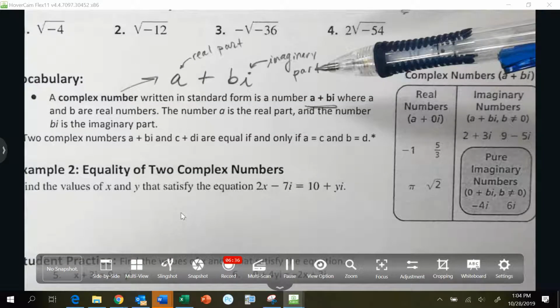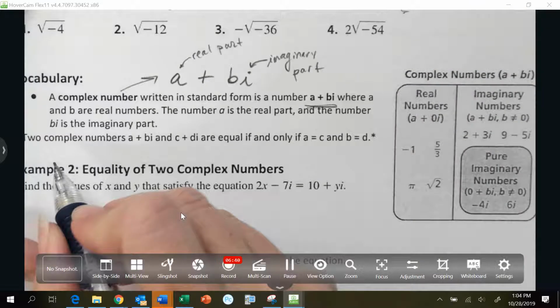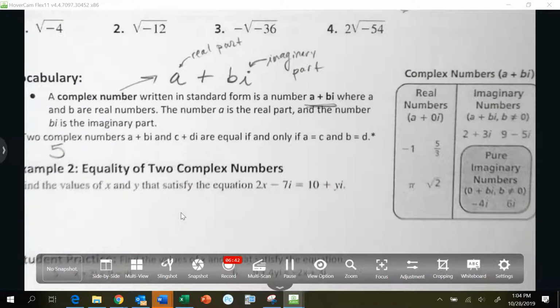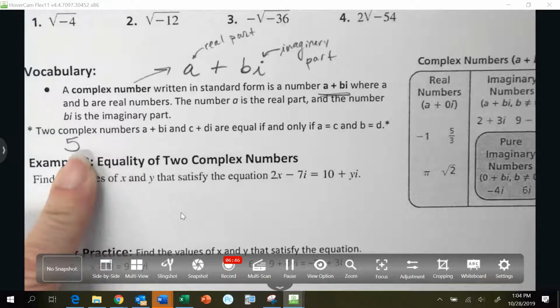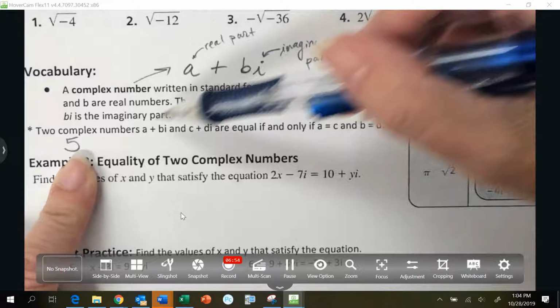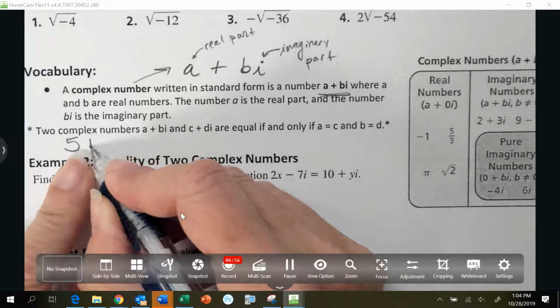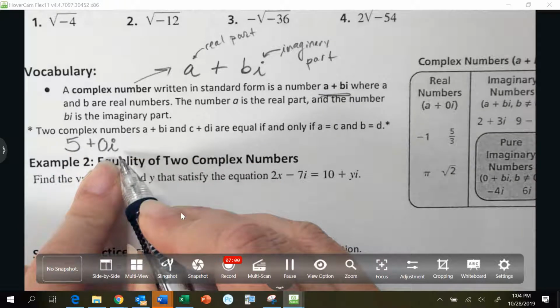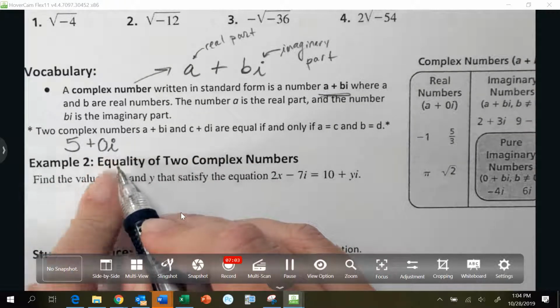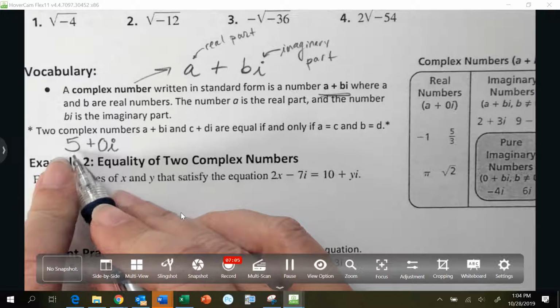If I have a number like 5, this is a complex number if we write it in the form of 5 plus 0i. What does 0i mean? No imaginary. It's just a real part.